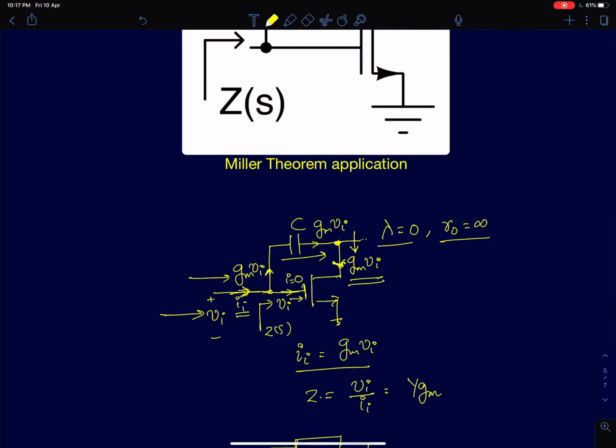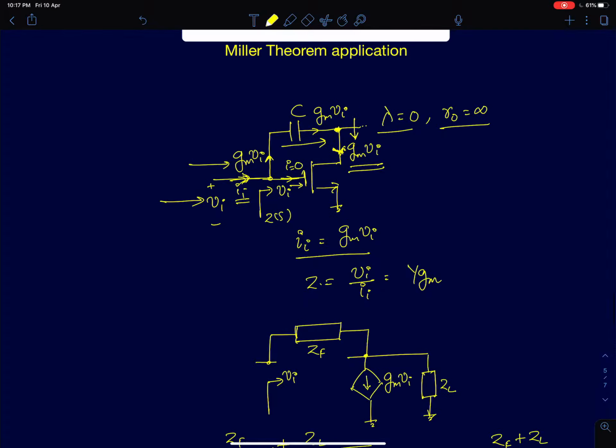Now, we will try to mathematically analyze this using the results we have derived. The MOSFET model is the same, which is GMVi, with R0 infinity. We have connected between the input and the output port an impedance of value ZF. I'm going to assume that there is an imaginary load impedance ZL, and I'm going to tend ZL to infinity in the analysis.